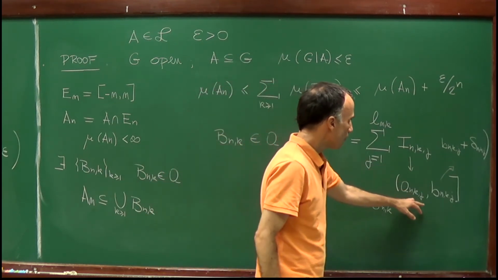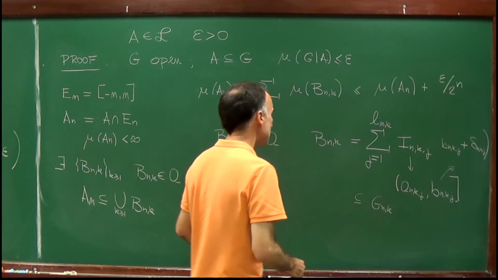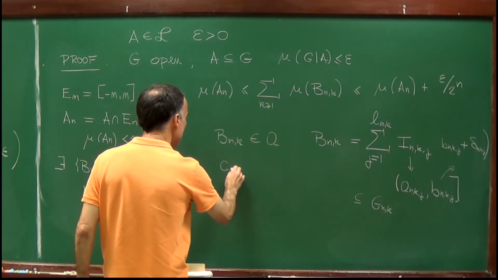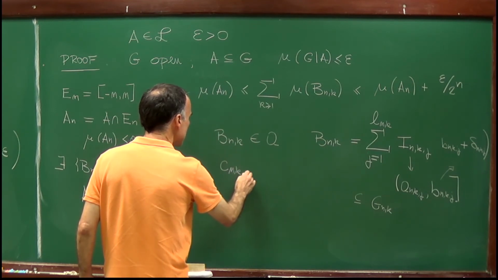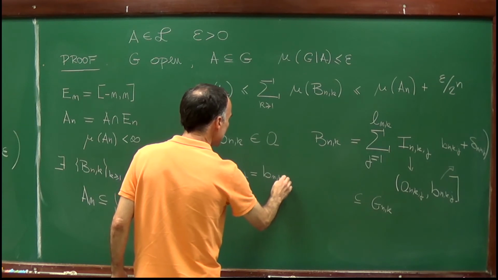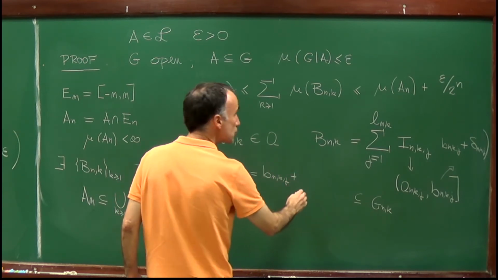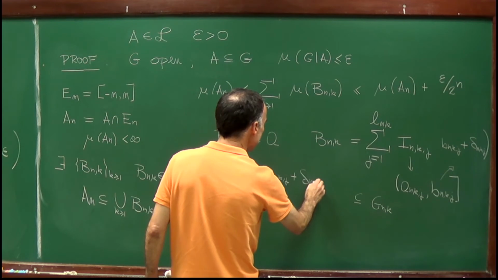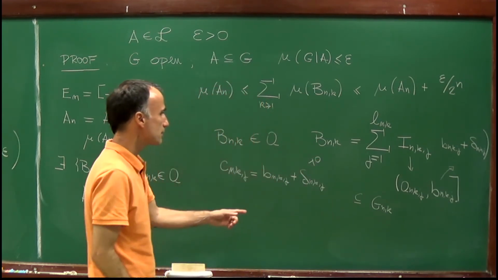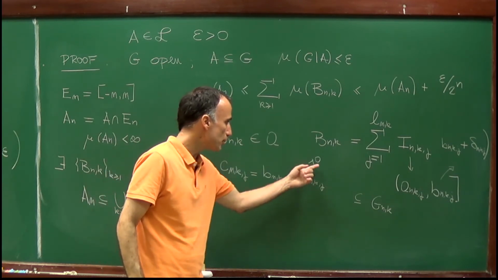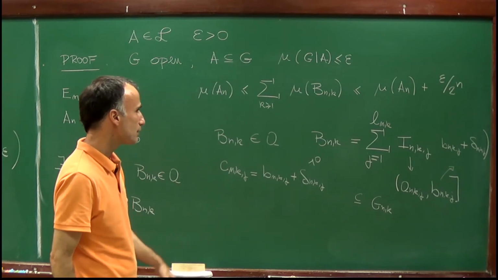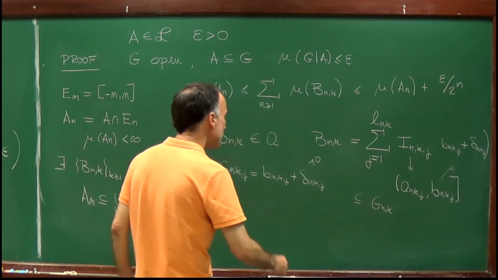Let me denote by C_{n,k,j} the point B_{n,k,j} plus some delta_{n,k,j}, which are all positive. These deltas are positive, and they are very small, and we'll see later how small they are.